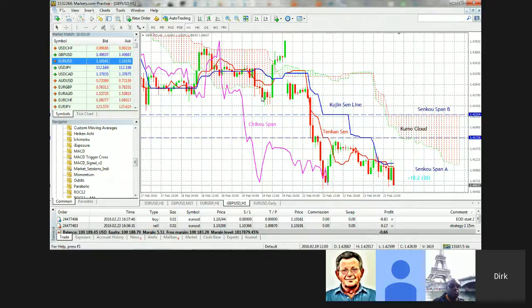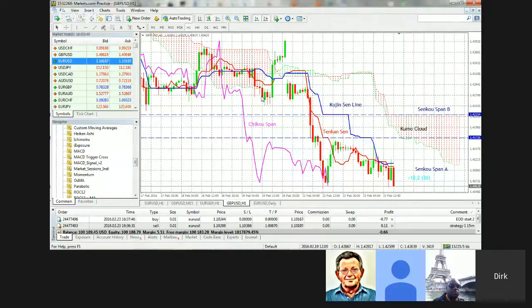So if you are wary of getting in when you get a Kumo break, sometimes we just hit that bit of Murphy's Law type of criteria, and then price runs and we never get an extra entry. Those are one of those that's just a hit and miss. Like I said, if you're worried about missing out on some of those moves, I'd rather suggest taking 0.5% risk rather than a full percentage on something like a Kumo break.